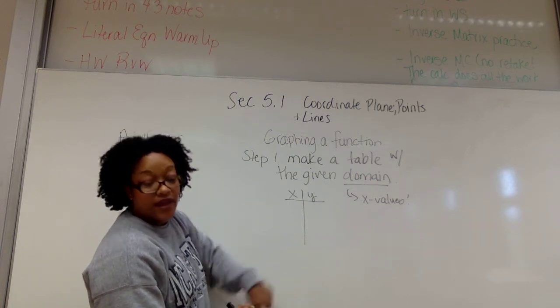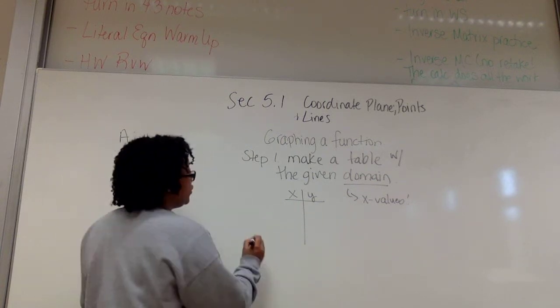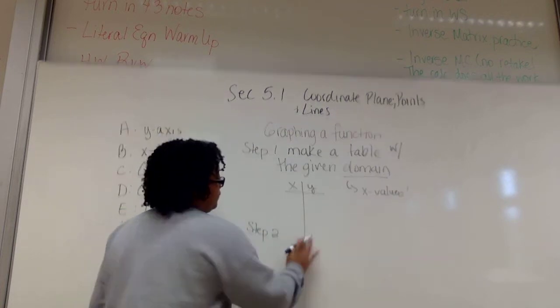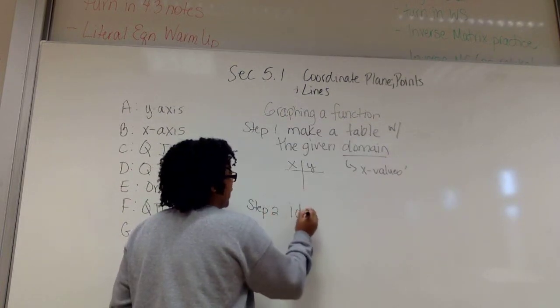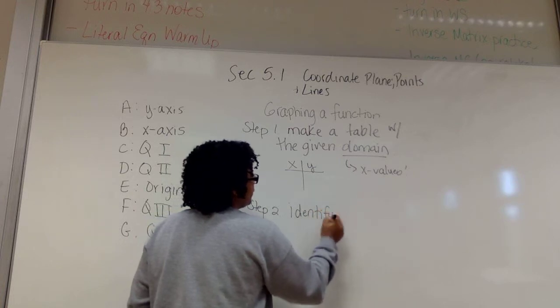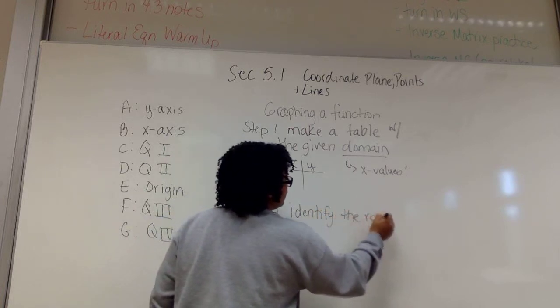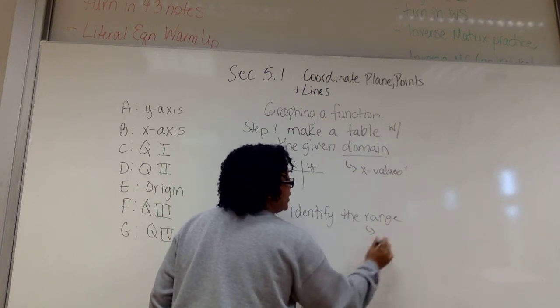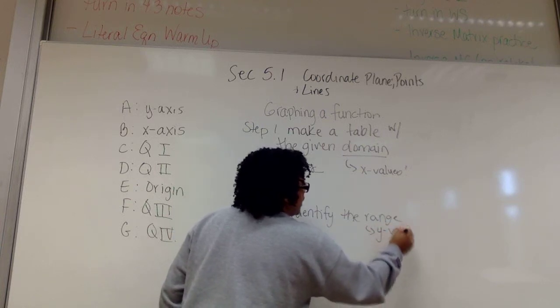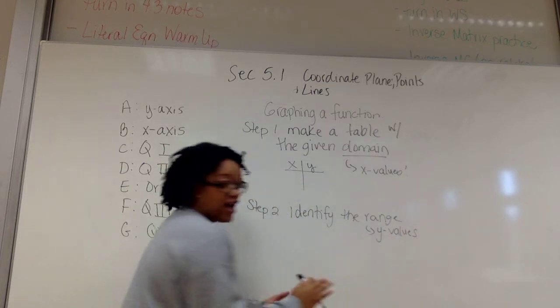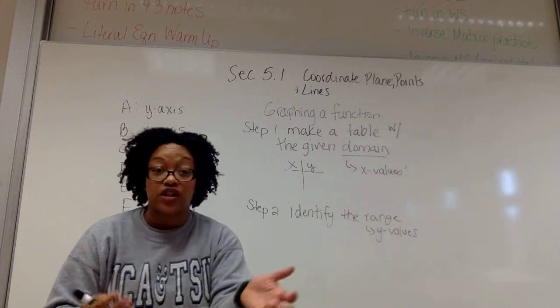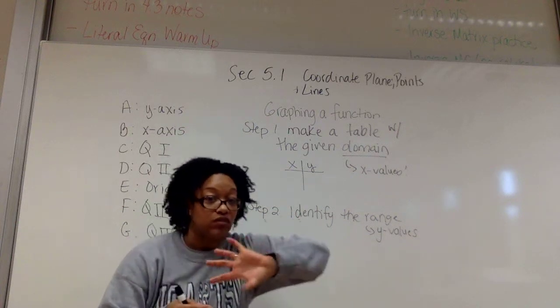Now, step 2 is you're going to identify the range. So the range, that's your y values. Now, how are you going to get your y values? Well, simple. You're going to be given an equation or a function, y equals something.